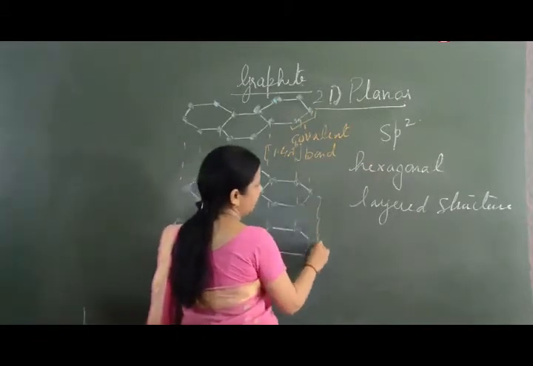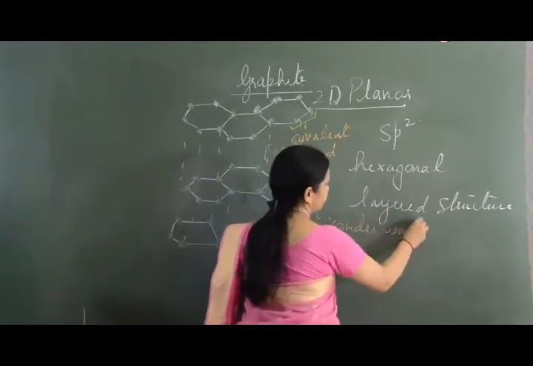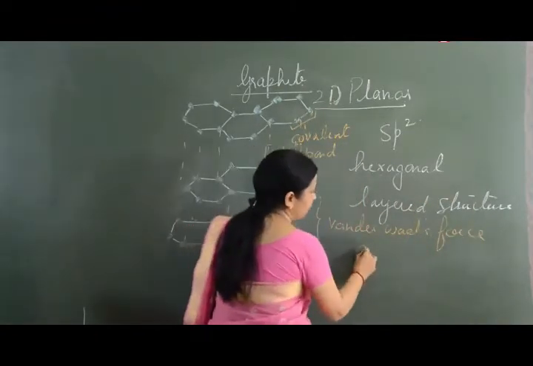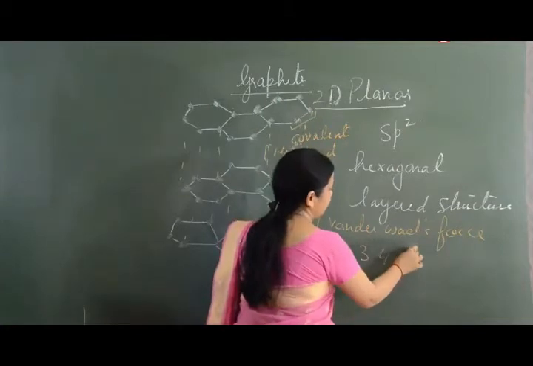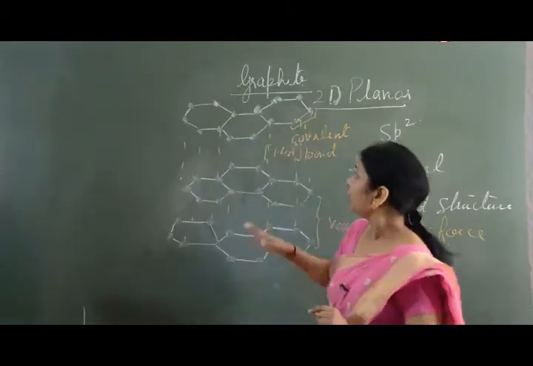So between the two layers, the bonding is van der Waals. The order of van der Waals force of attraction is 3.4 angstrom. So this is the basic structure of graphite.